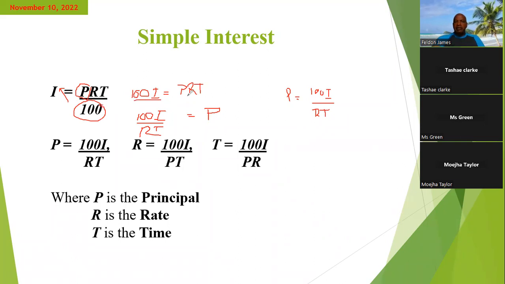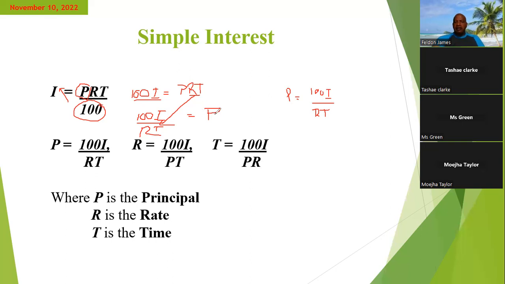Now, what remains to remove is the R and the T, but the operation that they're doing is they are multiplying the P. So if they are multiplying on the right, you need to move them to the left-hand side and divide by them. So we move the R and T over here and we divide the 100I by it. And once we have done that, we have P remaining by itself on the right-hand side. Now P is the subject.